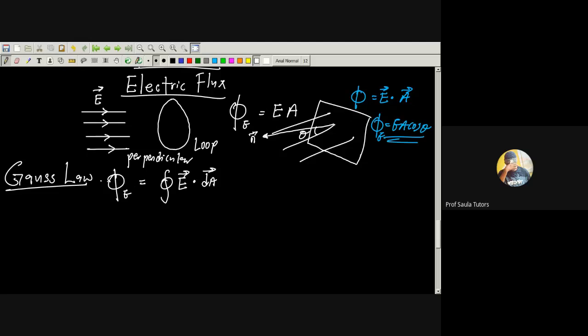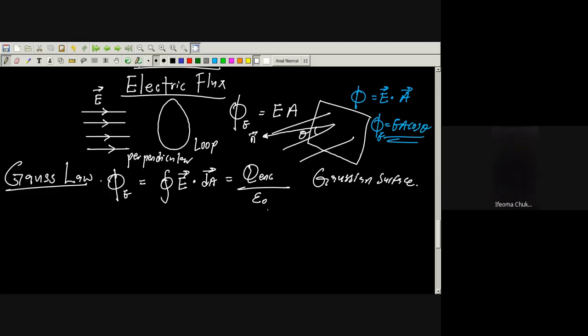And this flux is equal to the total charge enclosed in the surface divided by the permittivity of free space. This is the statement of Gauss's law. That closed surface can also be called a Gaussian surface. So the net flux is the total electric charge enclosed in the Gaussian surface divided by the permittivity of free space.